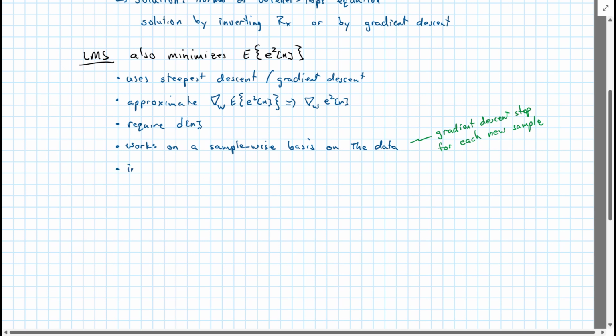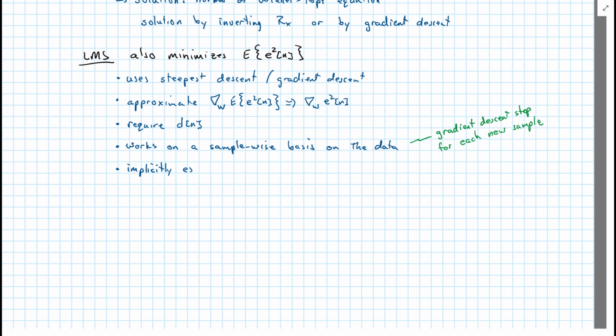This one implicitly estimates correlations from the data, and so we don't need to have them in advance.